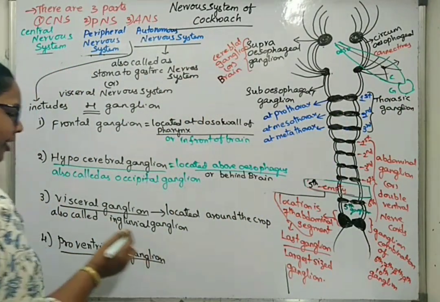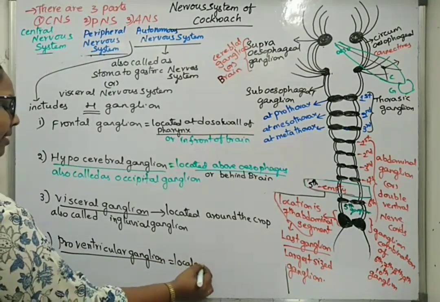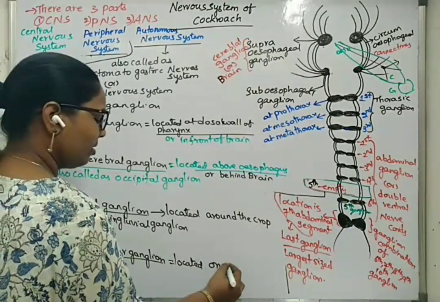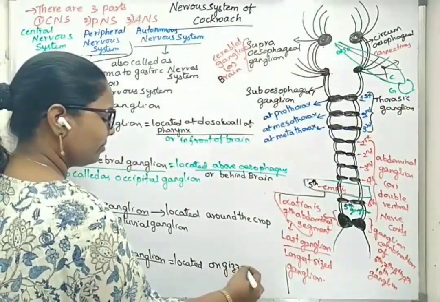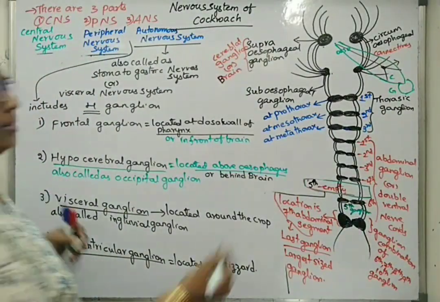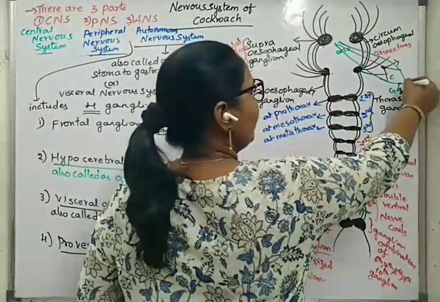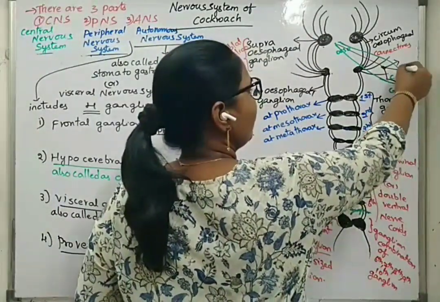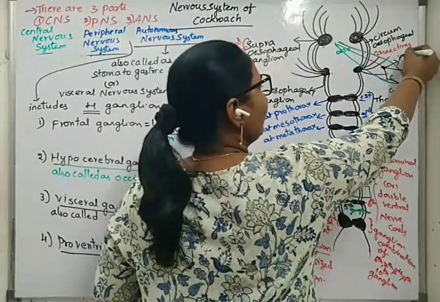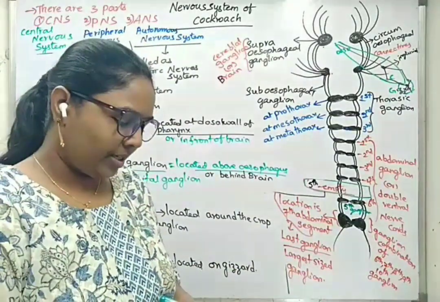Next one, the proventricular ganglion. This is located around the gizzard, on the gizzard. So we know that this area is the gizzard. So here it will be present. This is connected to the gizzard. We know that the gizzard is also called the proventriculus.